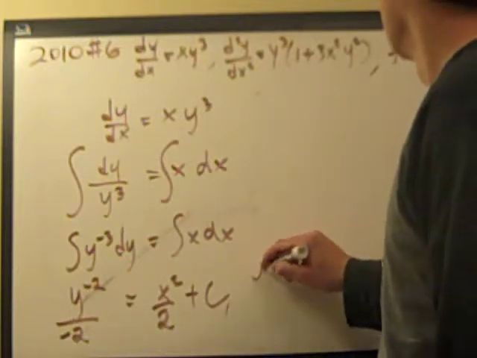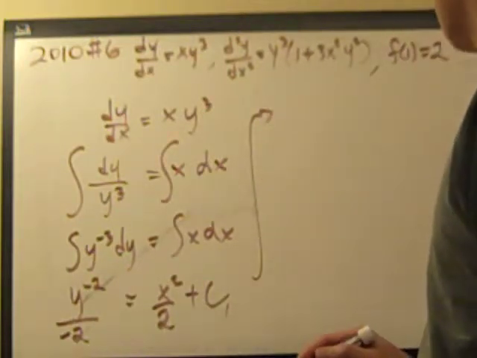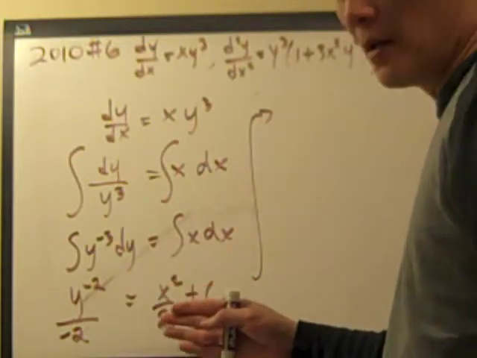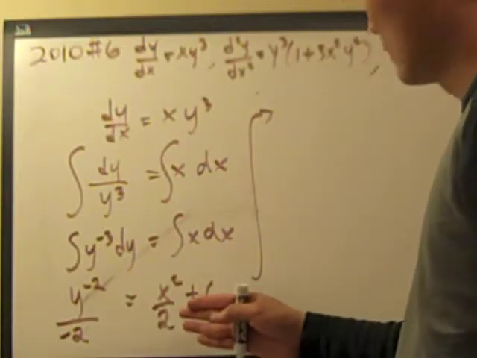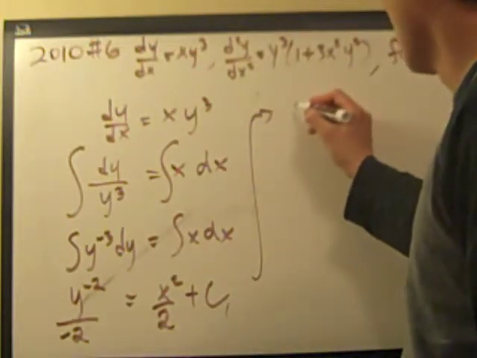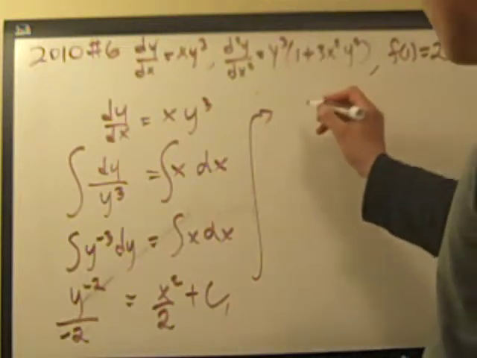And then what you can do is you can go ahead and fill this out, or you can solve this first. I think what we can do is we can go ahead and solve for c1.